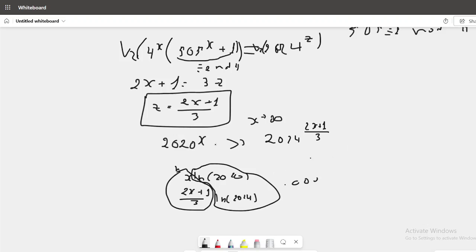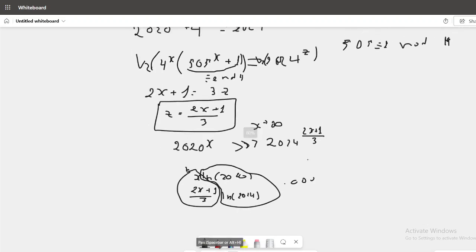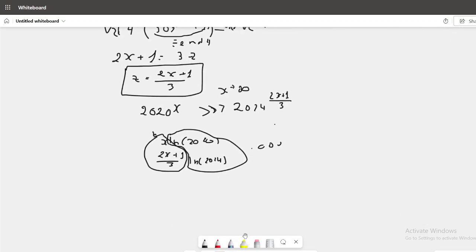So 2020 to the power of x is much greater than 2024 to the power of 2x plus 1 over 3 for any large x. So we just need to test small x and see when the equality holds. For x equals 1, we can see that 2020 plus 4 equals 2024.